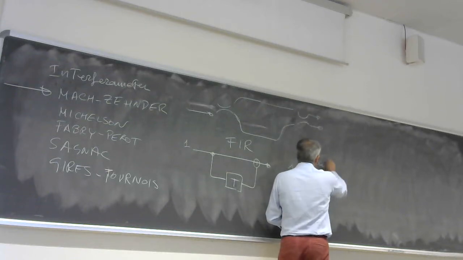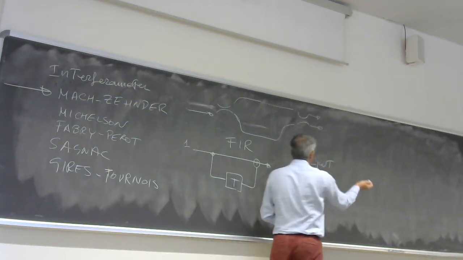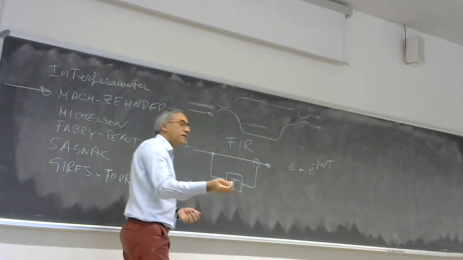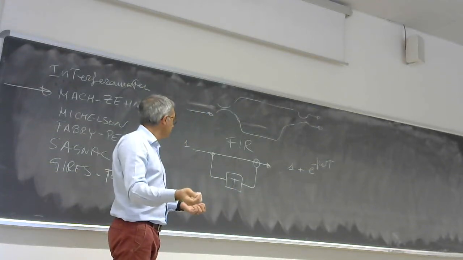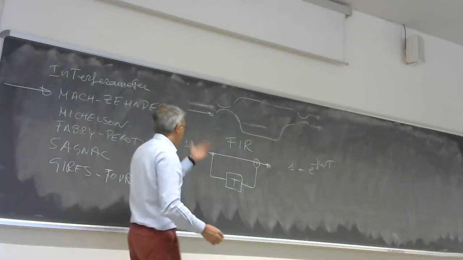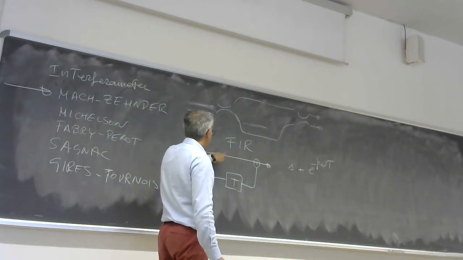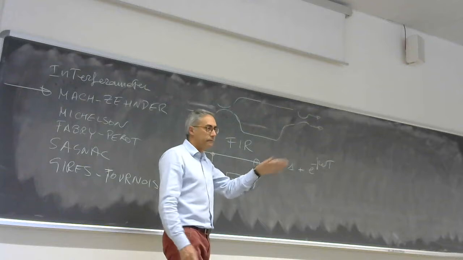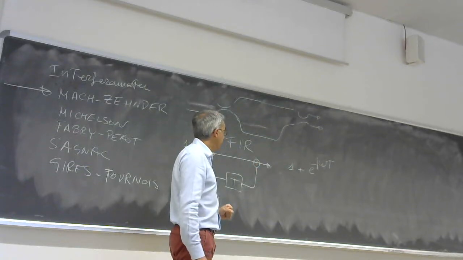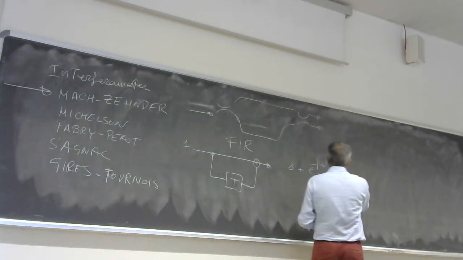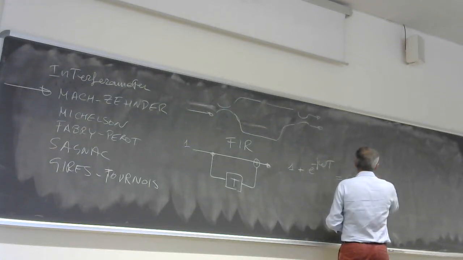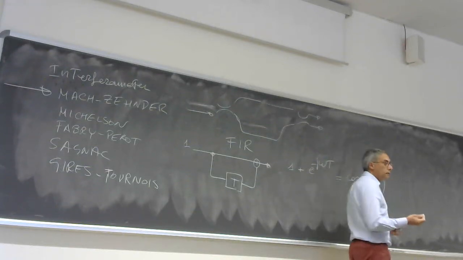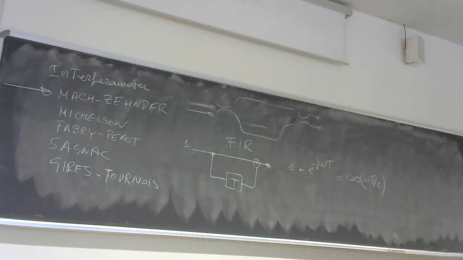So this is the output, right? Obviously there is 1/2 and 1/2, but forget the 1/2. That you can write as a cosine of this.